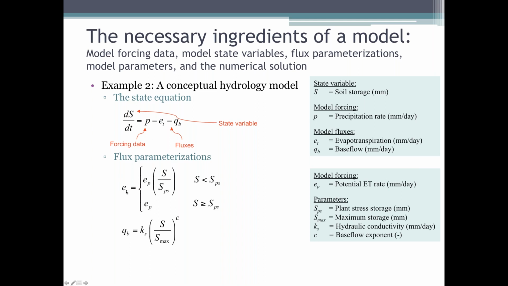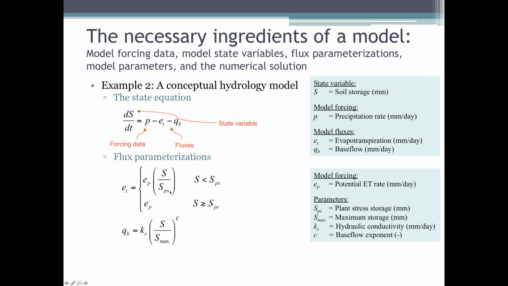So our amount of water transpired, if our storage is greater than or equal to some plant stress storage, if there's plenty of water, we will transpire at the potential rate. And if there is less water stored than some plant stress, then we will transpire at less than the potential rate. In this case, a ratio of the amount of water we have divided by the level of water that causes plant stress.